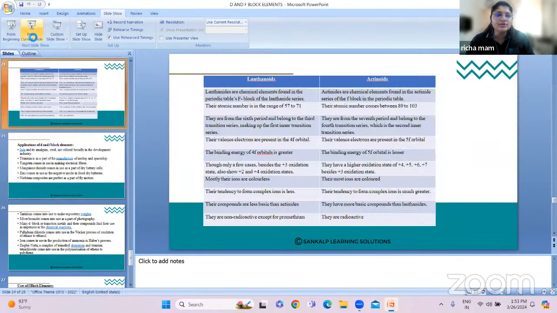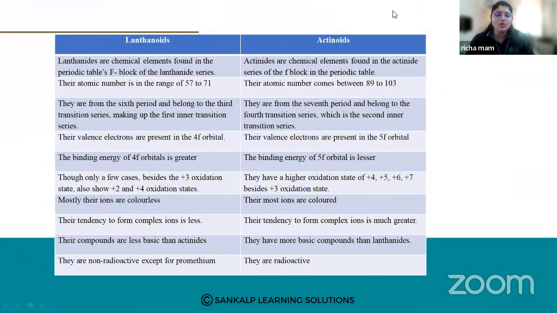So from this chapter, this particular chapter is for 11 marks.